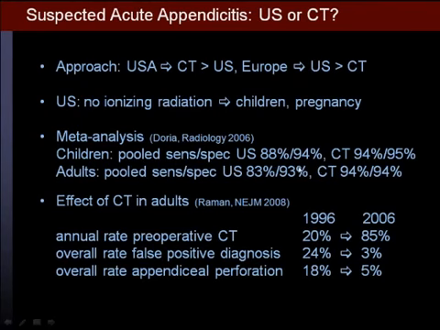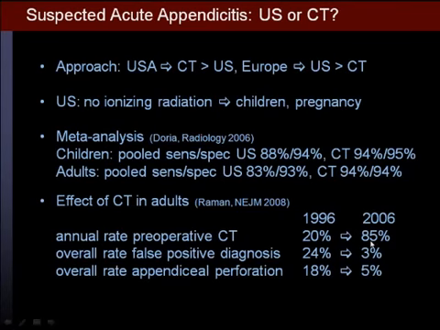And a study at UCLA has shown that when comparing the years 1996 to 2006, during this decade, there was an increase of preoperative CT, before appendectomy, from 20 to 85%.